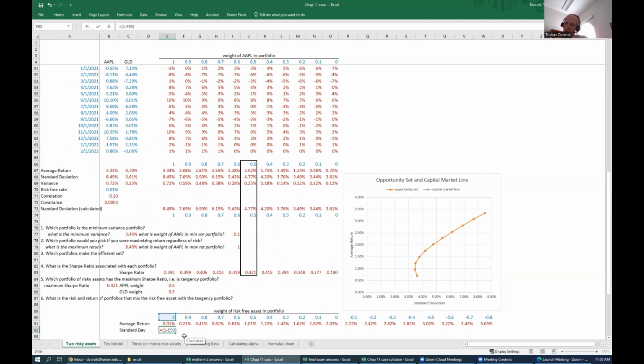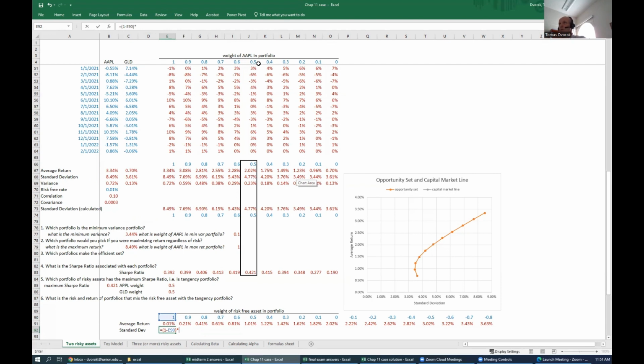Now we're doing standard deviation, so we don't need to square it, because we would square it and then immediately take the square root. The same thing with variance, because we need standard deviation. So we're going to multiply that by the standard deviation of the risky portfolio, which is the tangency portfolio.